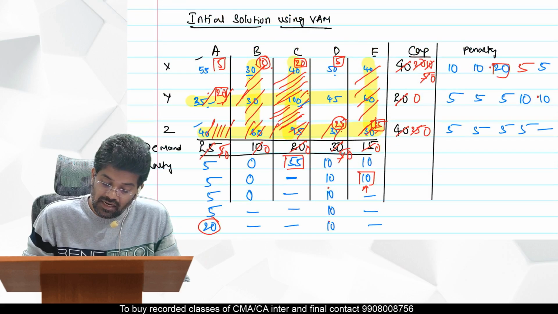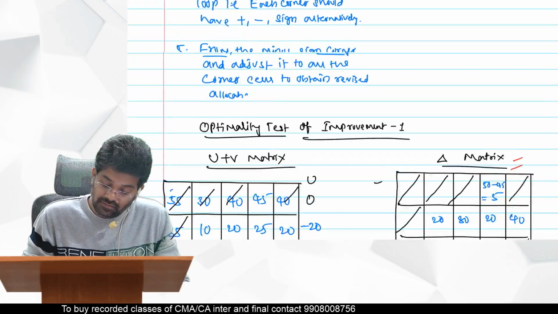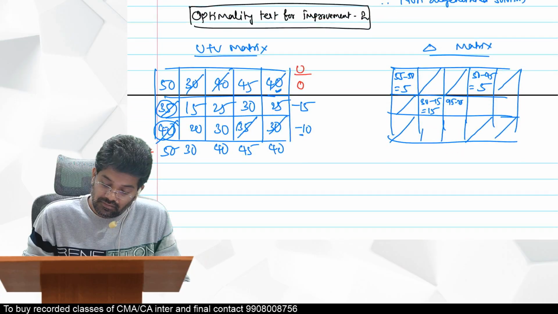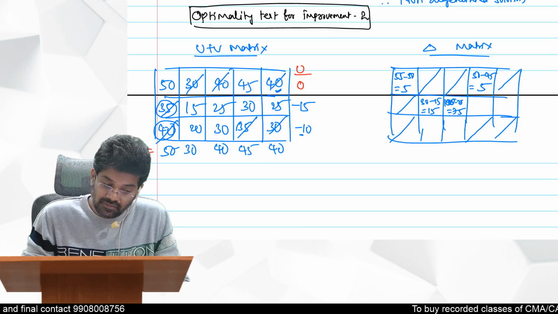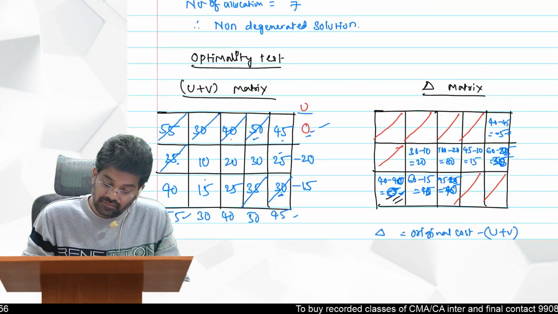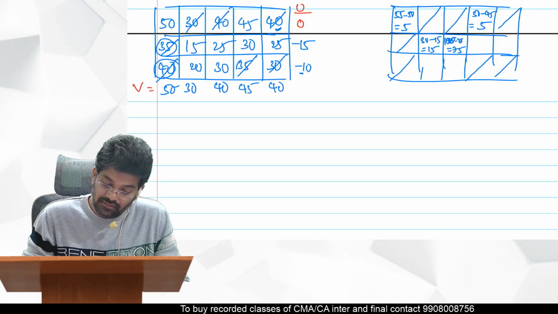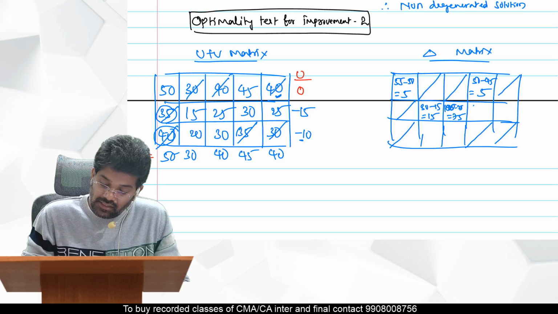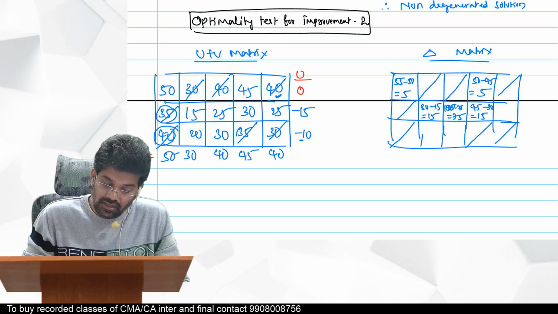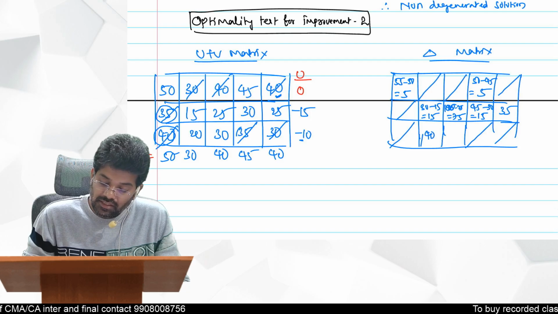It is 100. 100 minus 25 is 75. Here, what is the cost? 45. 45 minus the U plus V value we got here, 30, is 15. Like that, here we will get 35. Here we will get 40. Here we will get 65.